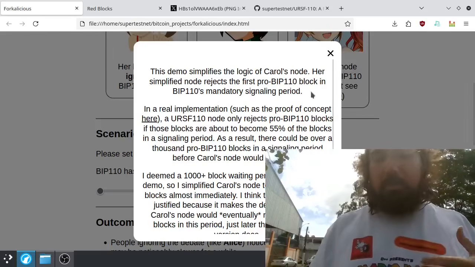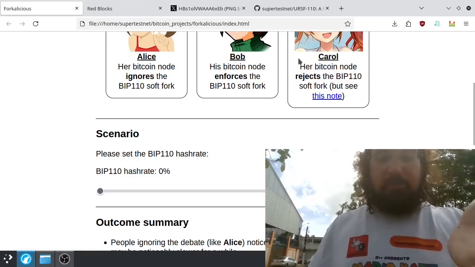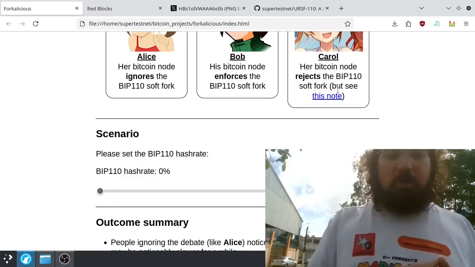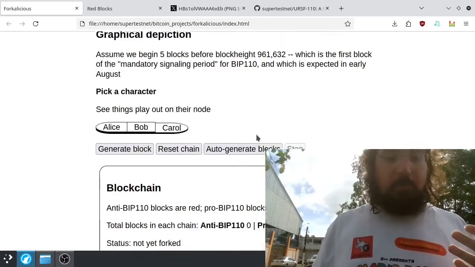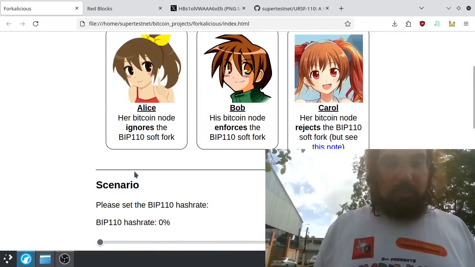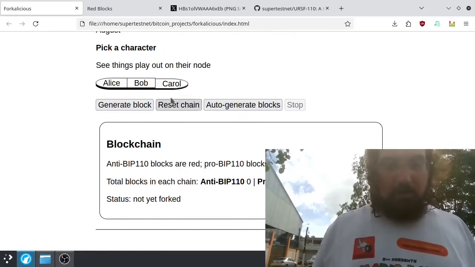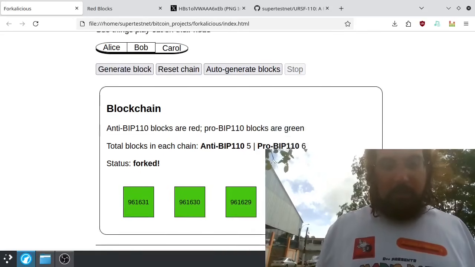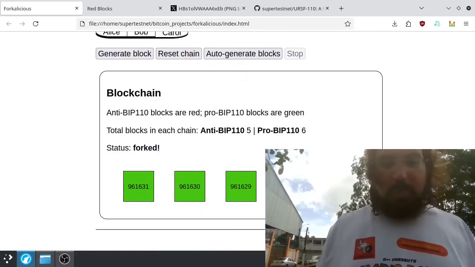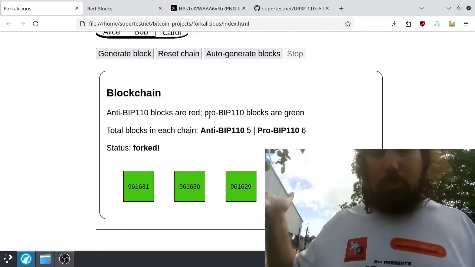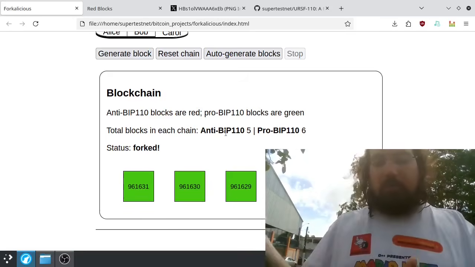In this simplified version for this demo, Carol starts rejecting BIP 110 blocks as soon as they start appearing in that mandatory signaling period. So if I put all the hash rate on the BIP 110 side and generate 6 blocks, already Carol's node forked and didn't recognize that 6th block, whereas Bob and Alice did, because her node starts rejecting it immediately. The real software doesn't do that.